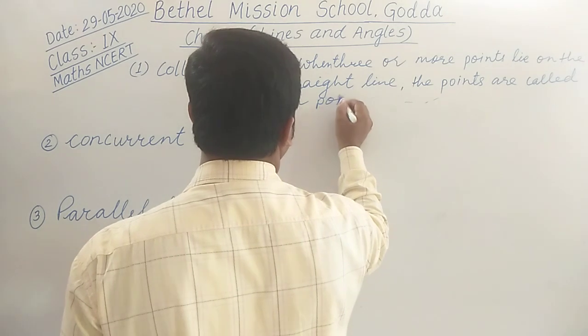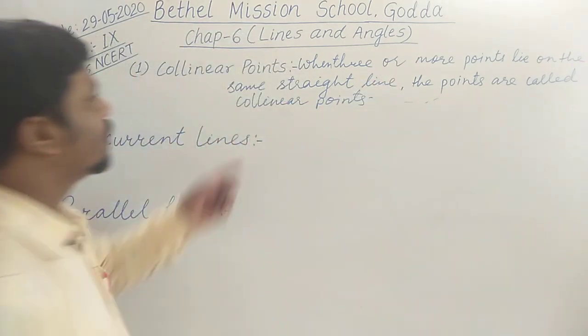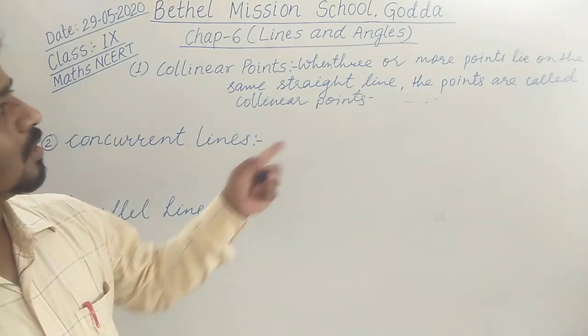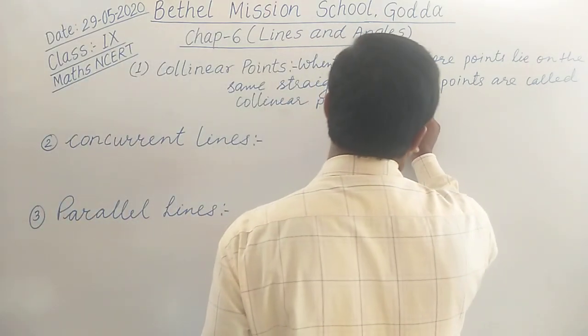Collinear points. When 3 or more points lie on the same straight line, the points are called collinear points.